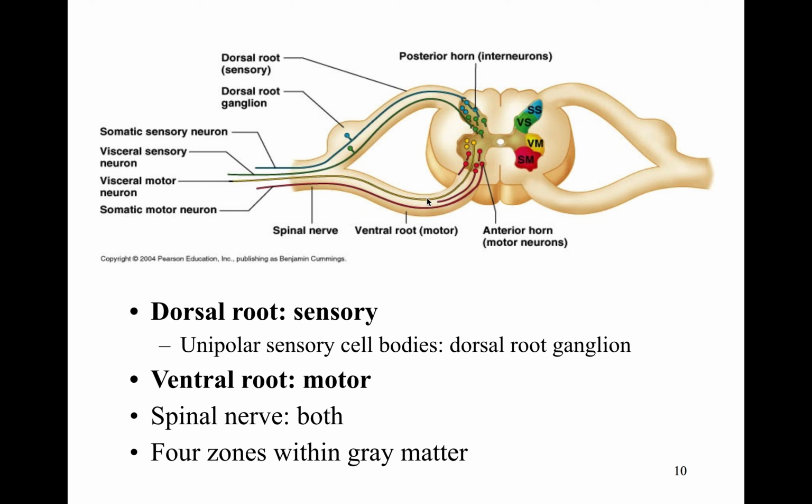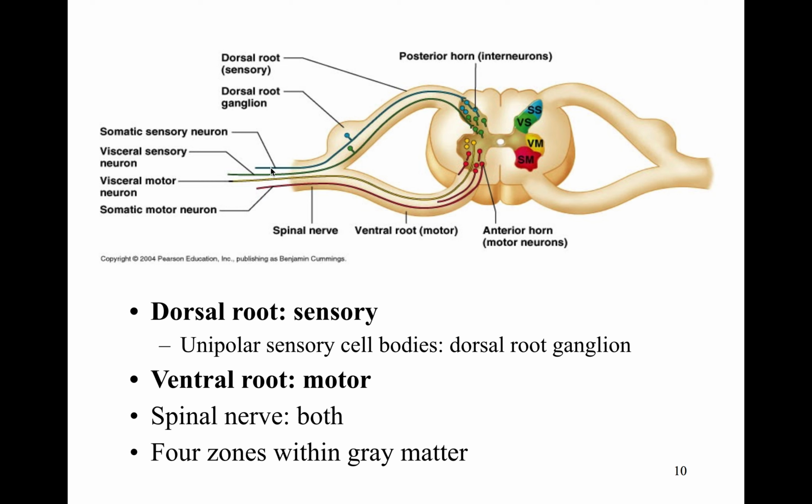Remember that the ventral root of the spinal nerve is going to eventually merge with the dorsal root. We're going to have that single spinal nerve extending out from one side of the spinal cord. So our motor neuron axons are going to extend out from the gray matter of the spinal cord through the ventral root of the spinal nerve, and they're going to extend all the way out to innervate their effector organs.